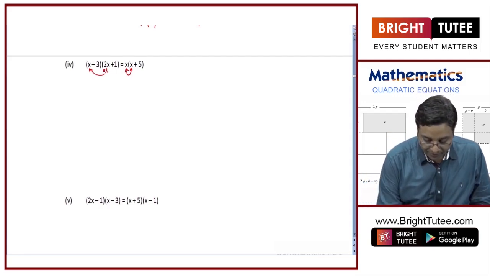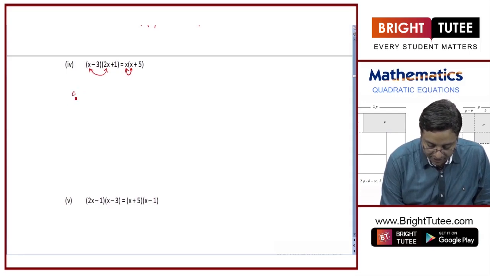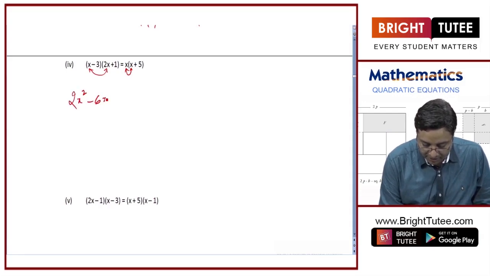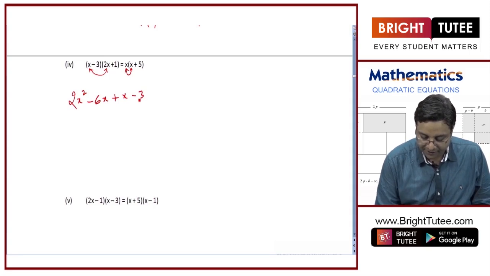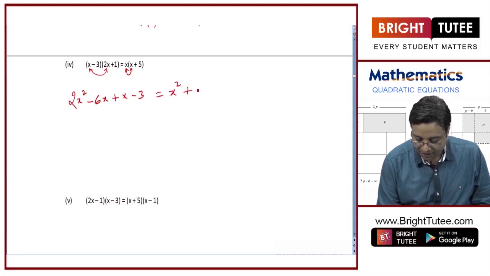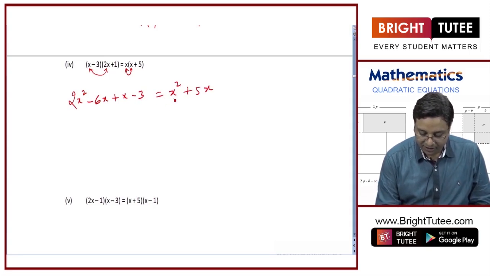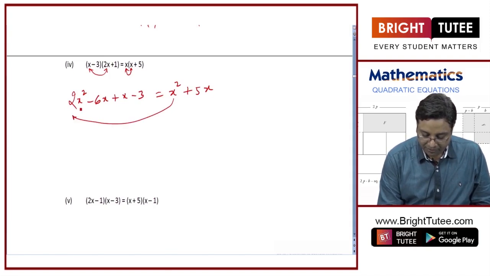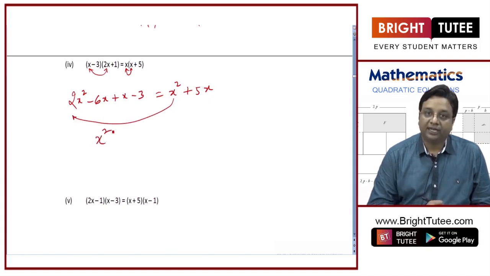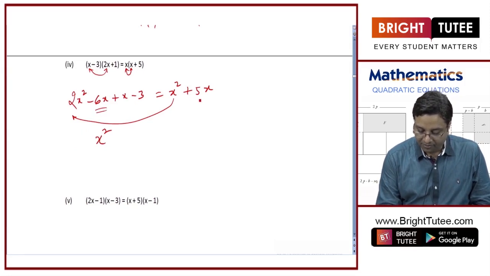I will show you. When I multiply 2x with x, it will give me 2x square minus 6x plus x minus 3 equals x square plus 5x. Now if I bring this x square on left hand side, it will give me 2x square minus x square equal to x square minus 6x minus 5x will give me minus 11x.